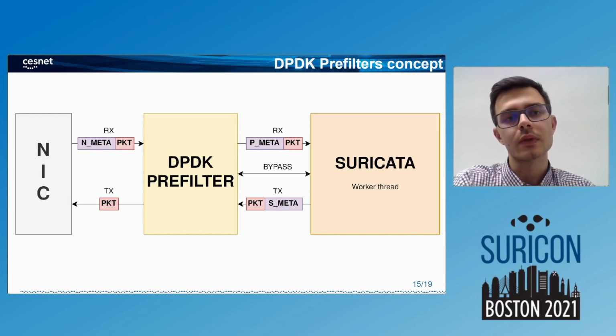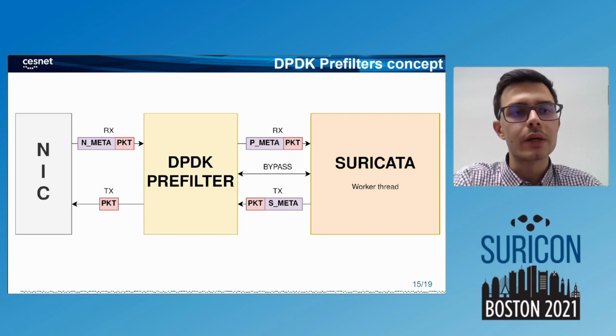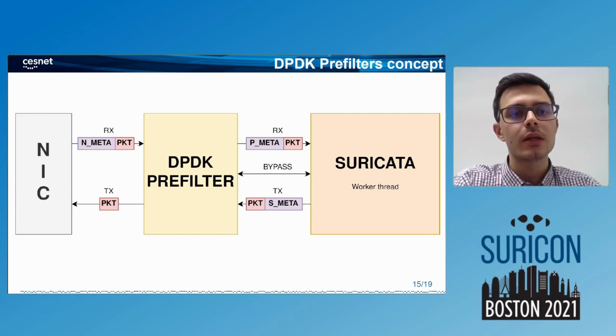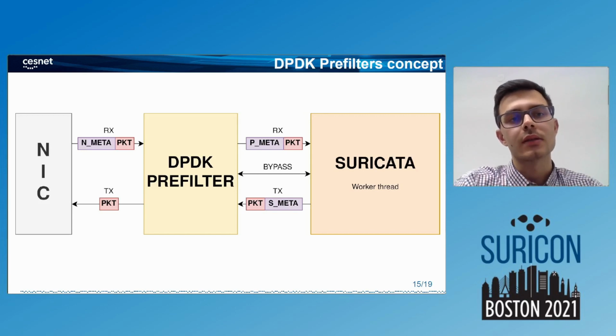And if the vendor sees that the prototypes pay off, then the prefilter can be implemented into the NIC itself, where it can help even more. So the DPDK prefilter by itself can even serve as a platform for quick prototyping of hardware functions.